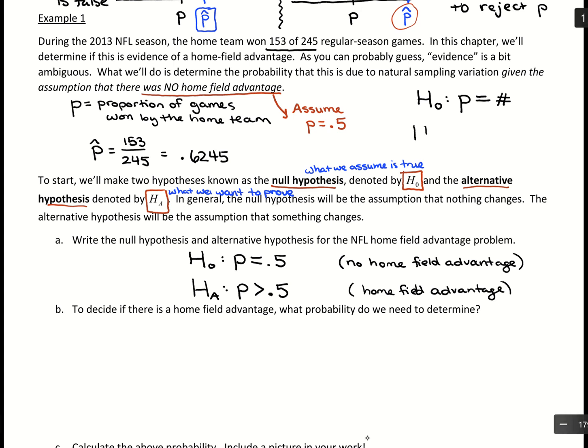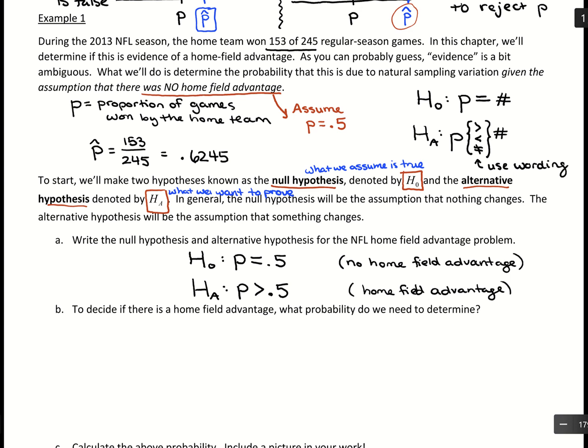In the alternative hypothesis, we want to compare that proportion to the same number. What's going to change is the symbol in between, and there are three options for that symbol. Either we'll try to prove that it's larger than, less than, or not equal to that number. In terms of which symbol to use, check the wording of the problem.